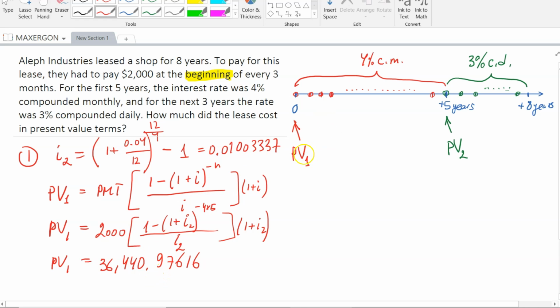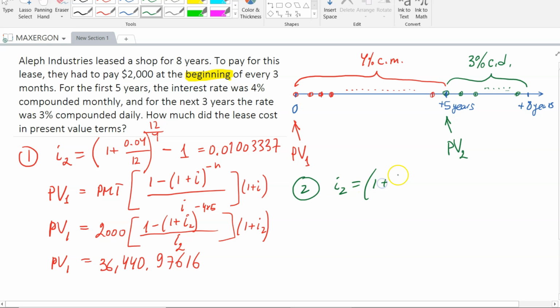That's present value 1. Now we need to find present value 2, for which I'll be using the green pen. During the green period, the rate is 3% compounded daily, whereas the payments are still every quarter. So this annuity is general. We again will need to convert the rate.